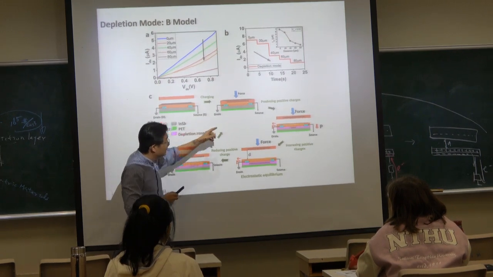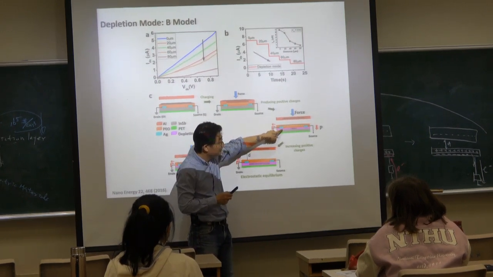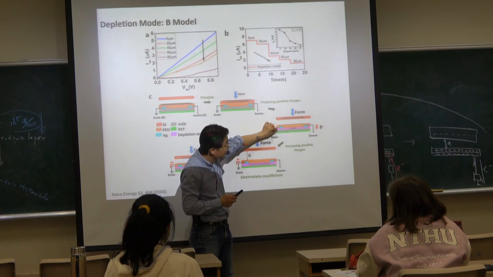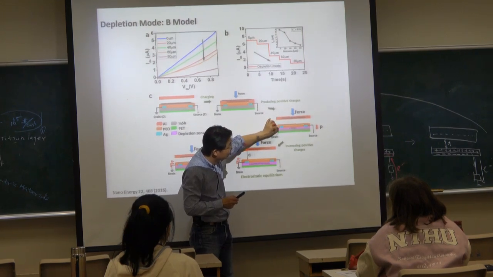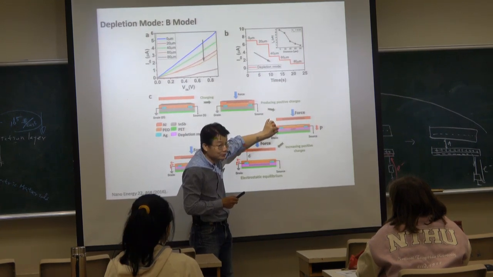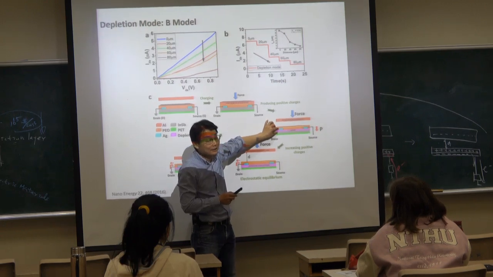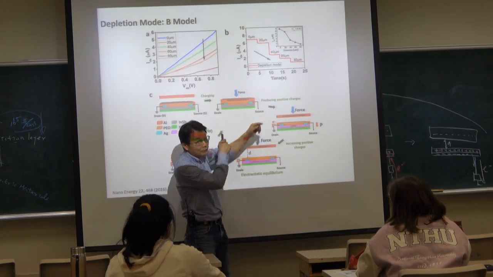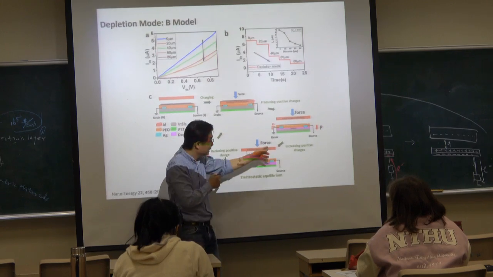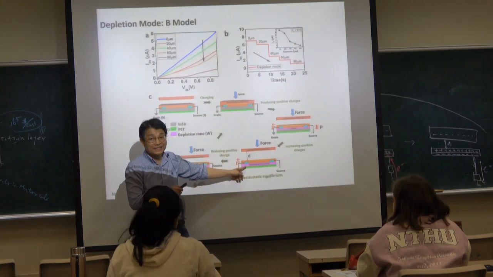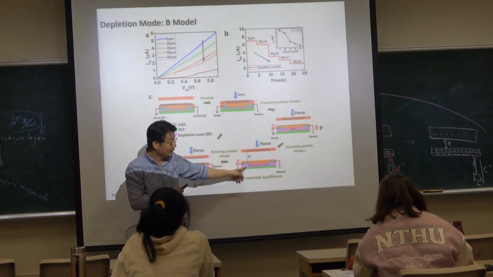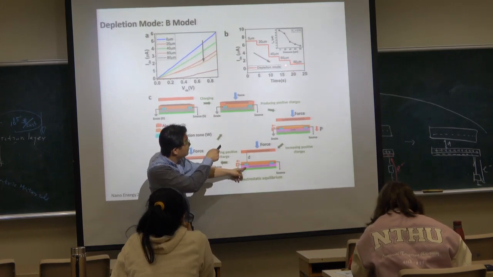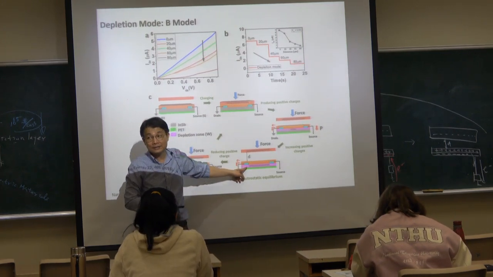This depletion zone right here is the positive charge, right? So you can see once the distance increases, the depletion zone will progressively increase. That's why IDS will be reduced, right? Here, the depletion zone becomes the thickest, so you get the lowest IDS.